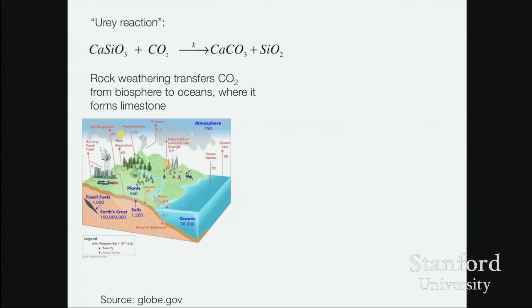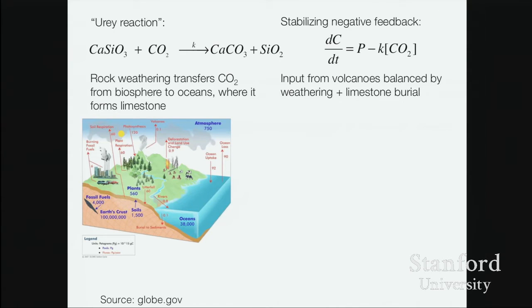So why don't we run out of CO2? We have volcanoes, we know, that are emitting CO2. If we actually look at how this process works, it's governed by an effective rate constant we'll call K. It's actually a stabilizing negative feedback that keeps carbon concentrations in check. And so we can write a really simple equation.